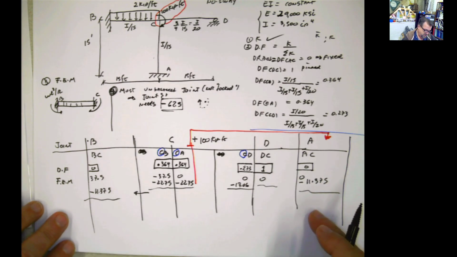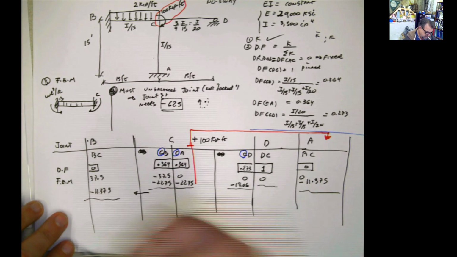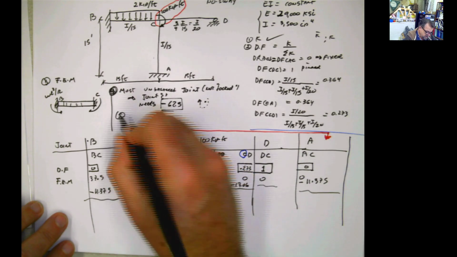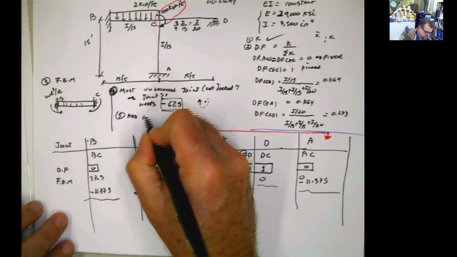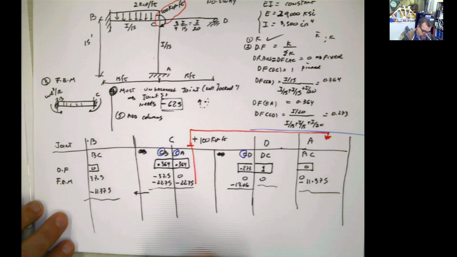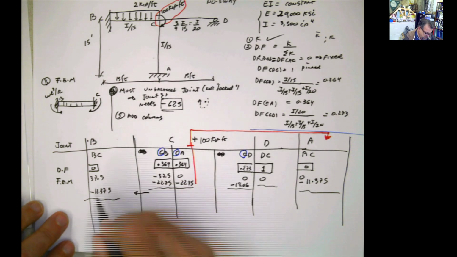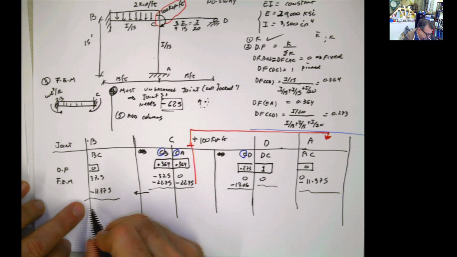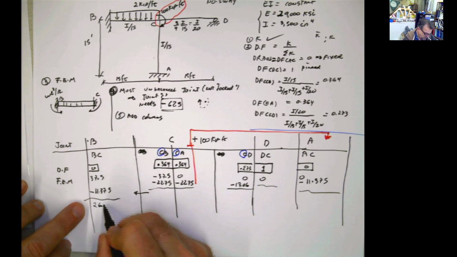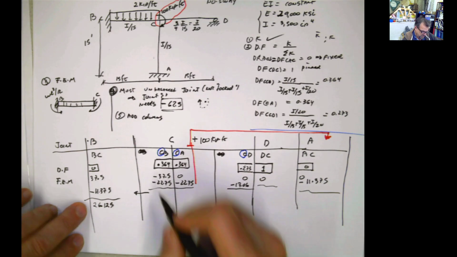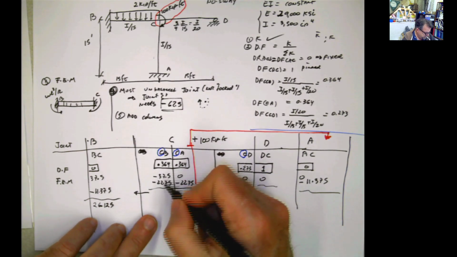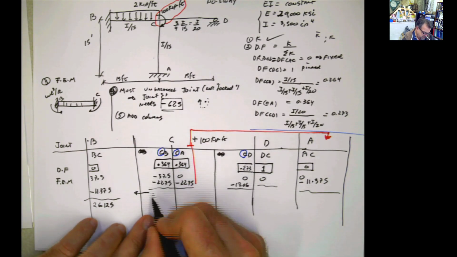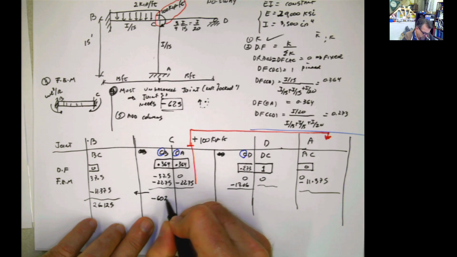We already finished. So now step 5 is to add the columns in order to find the final moment or the external moment. If we do this plus this, it's going to be 26.125 positive. If we do this, it's going to be negative 60.25.